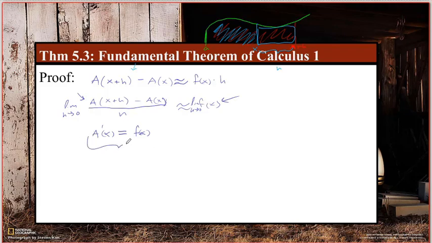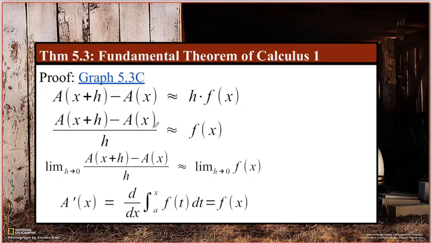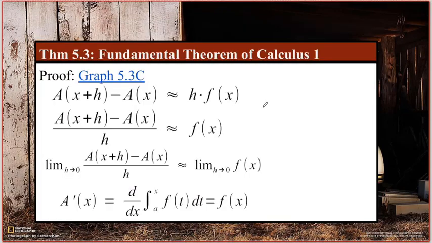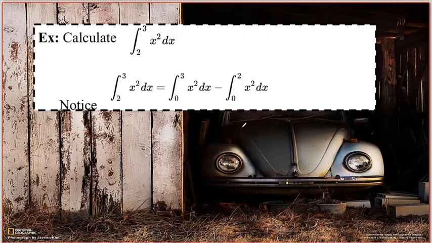And so what we've shown is that the derivative of our area function is the function that we're interested in. So if you look at my slides, I've basically written that same thing out in the same steps.